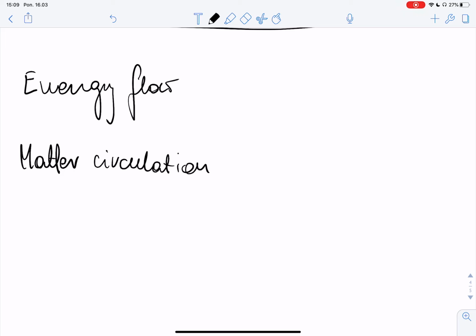And guys, energy flow refers to energy as a somehow abstract construct, and matter is literally matter. So I'm speaking of atoms, I'm speaking of particles.